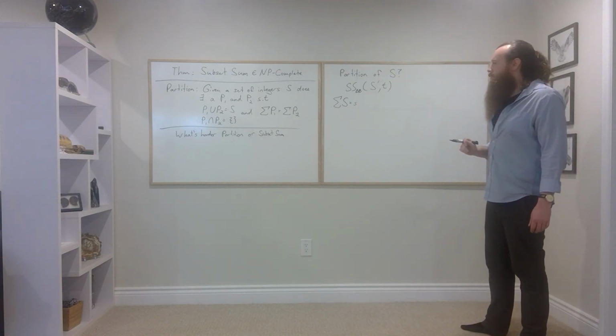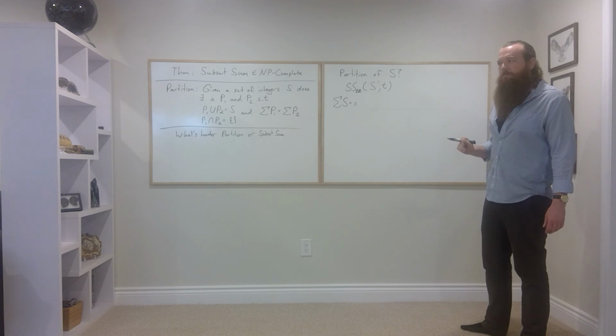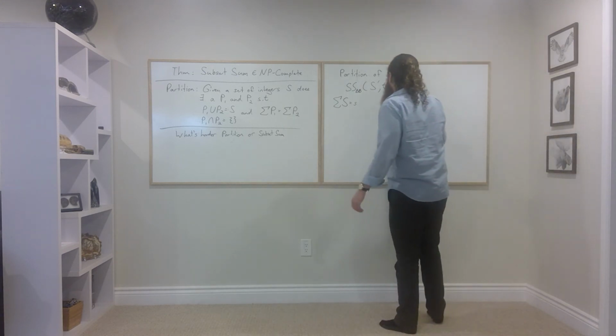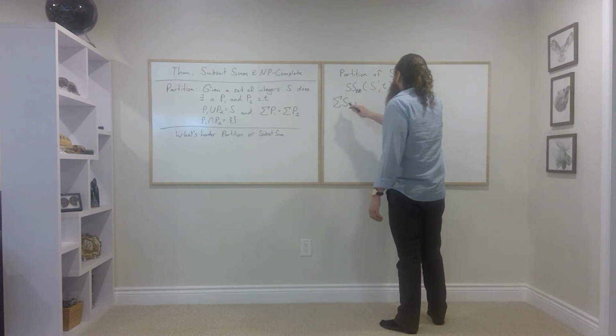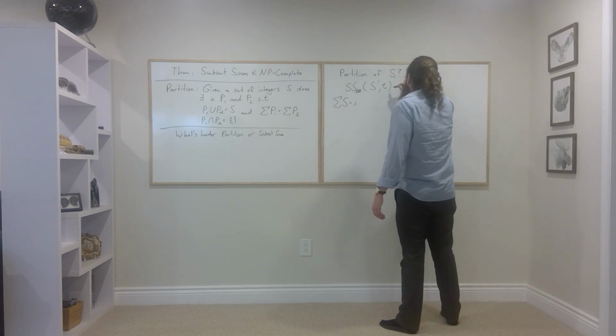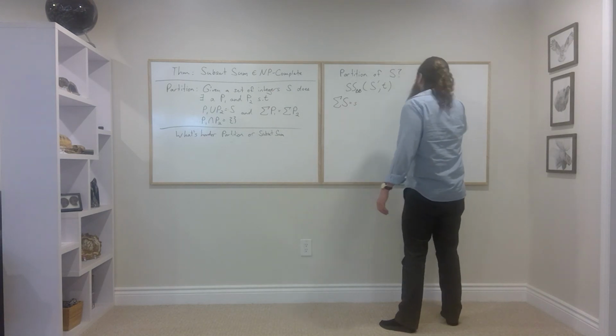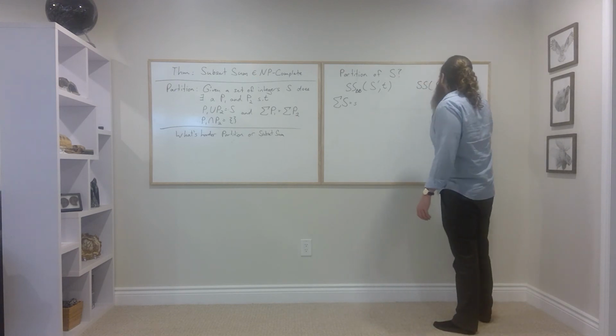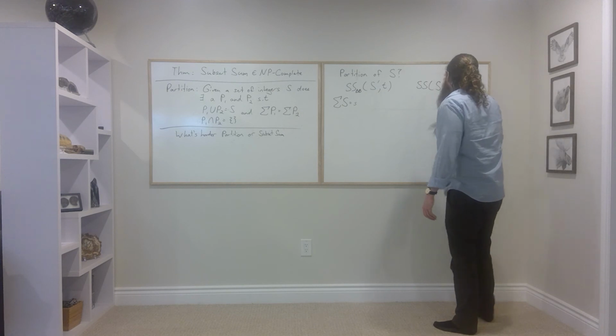Well, in order to determine if there's a partition, all I have to do is ask: if all the numbers in S sum up to lowercase s, does there exist a subset in S that sums up to s over 2?